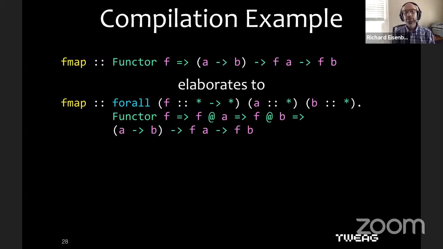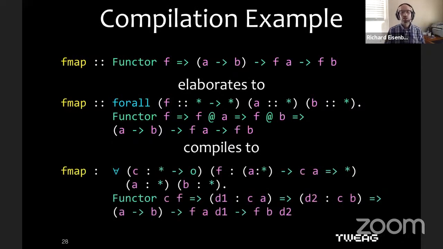All I've done in this elaboration is explicitly quantify over the type variables f, a, and b, and given their kinds. I've also added the constraints f at a and f at b, because f is applied to a here and f is applied to b. So we need to know that a and b are in the domain of f. Then that compiles to this larger type, where what we first have to do is say, well, for this f, I don't know what's going to be required of f's argument. So there's going to be some constraint c required of any of f's arguments.